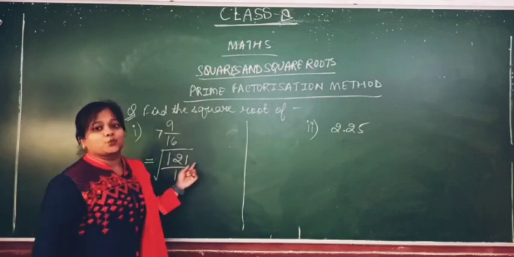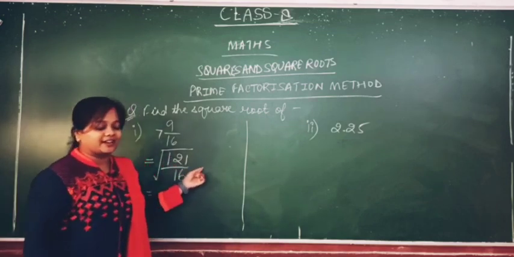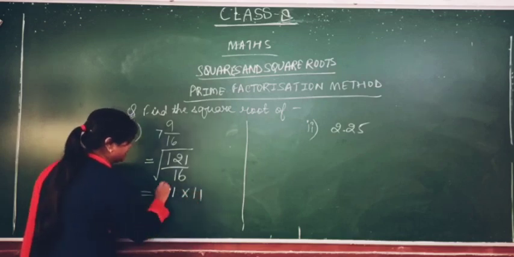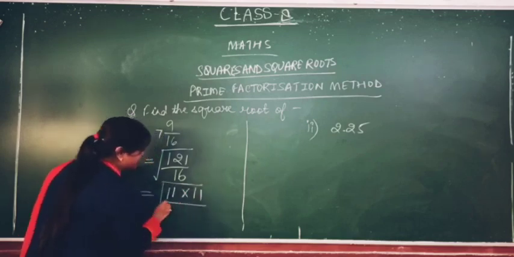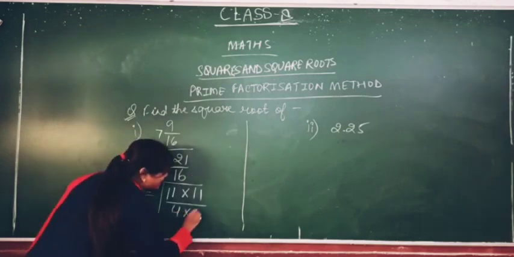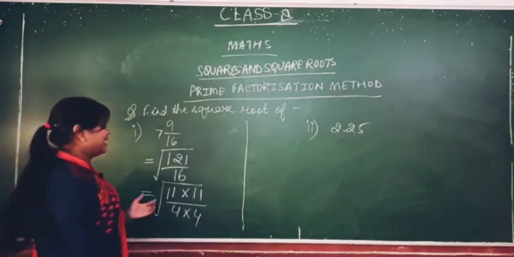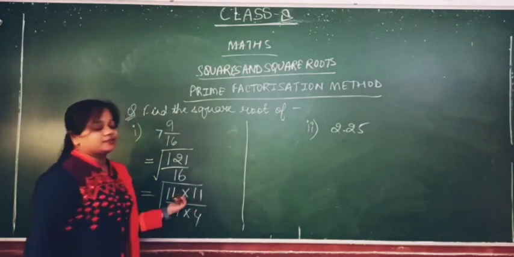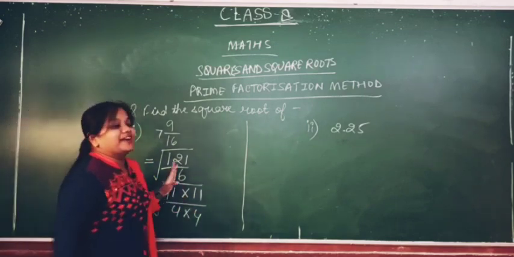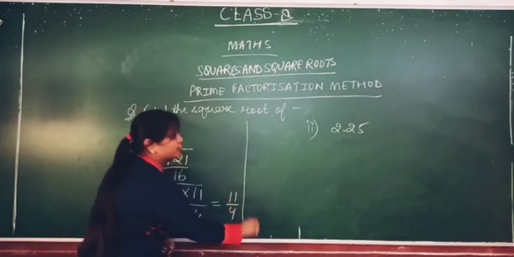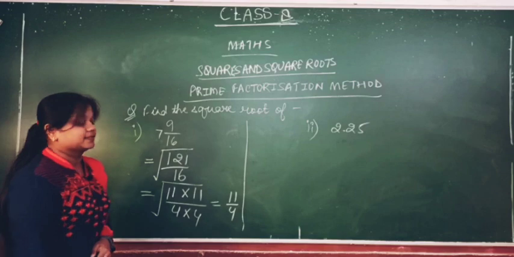When we'll change 121 into prime factor, we'll get 11 into 11, and 16 can be written as 4 into 4. Now, our next step is pair finding. So when we'll find the pair, we'll get 11 upon 4 as a answer.